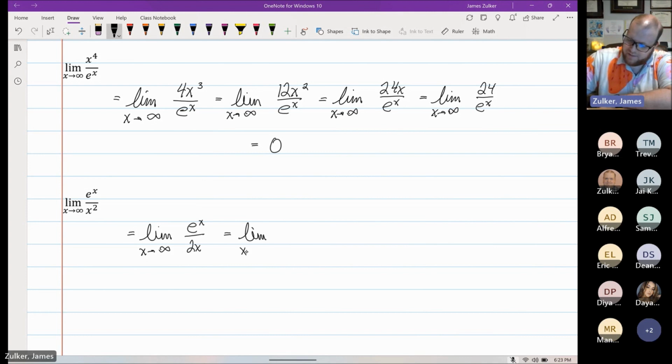It's still indeterminate. We no longer get indeterminate form. This is just an infinite limit.